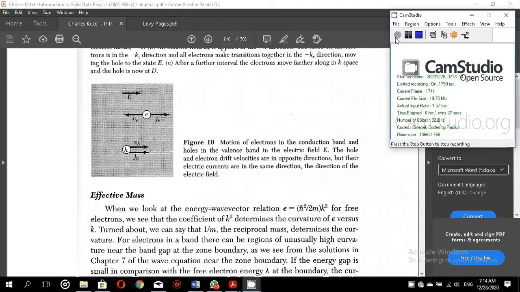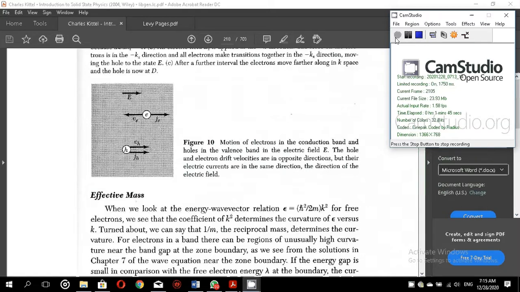The effective mass also depends on the location of the electron, whether this electron is in the valence band and at which level of the valence band. Similarly, if this electron is in the conduction band, it depends at which level of the conduction band.